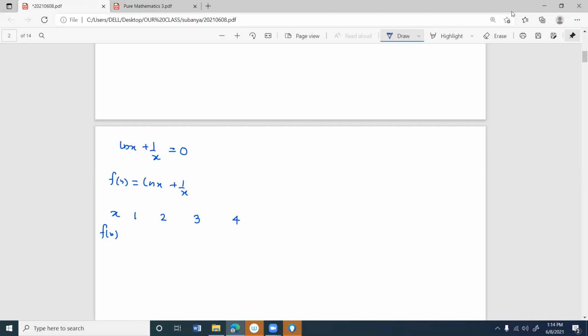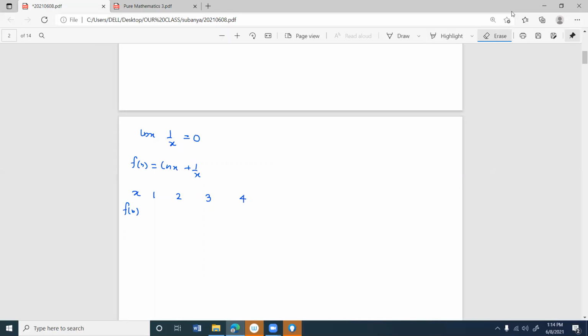So if you get these answers put there, sorry, this is ln x minus 1 over x, and other than that you don't get a solution for this.